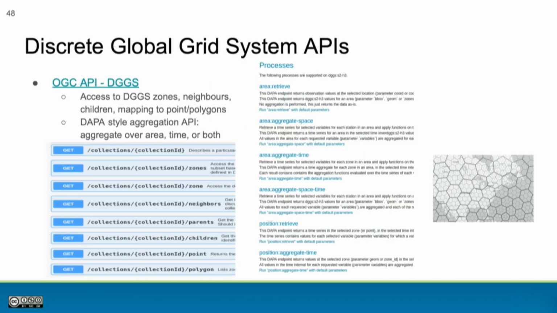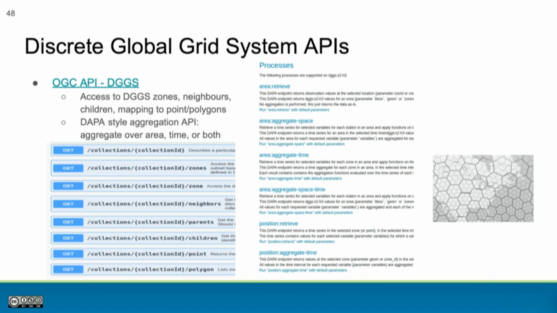Another one we have is the discrete global grid system. So these are where you define an area, the nesting pattern, in this case, little hexagons. So what's interesting here is all of the relationships between parent and child and neighbors are done by reference.